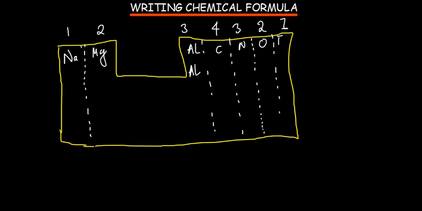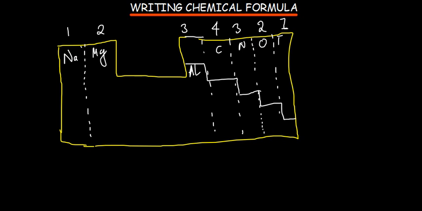On the periodic table, somewhere around where aluminium is, a bit down here, we are able to divide metals from non-metals. What you can see on top here are non-metals.